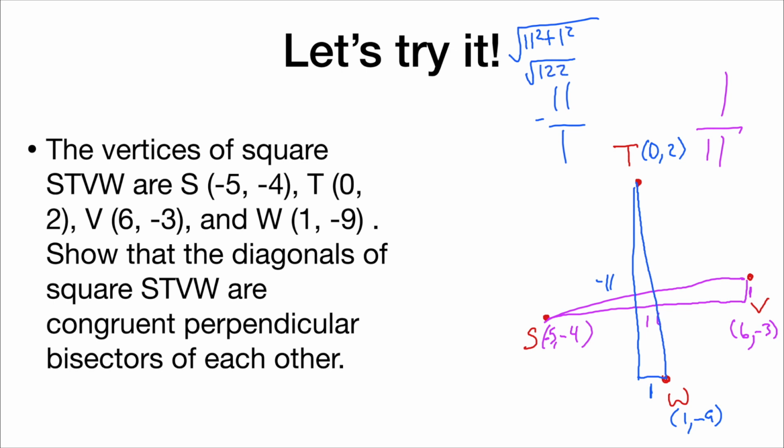And over here, we would have the square root of 1 squared plus 11 squared, which hopefully you already know is going to also be 122. So on both of these, it is the square root of 122, which is going to be just slightly over 11 that it's basically 11 at that point, but not quite, which is why I'm going to just say they are also congruent. So that is enough to show both of those pieces of information.